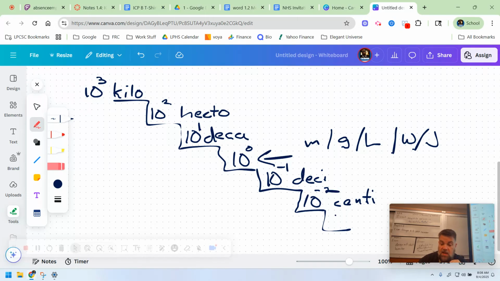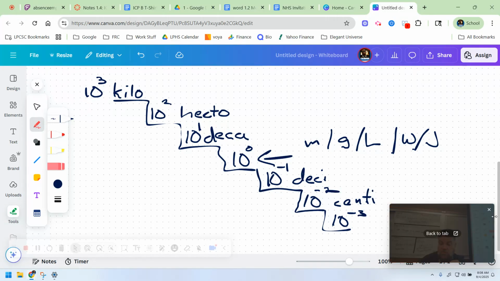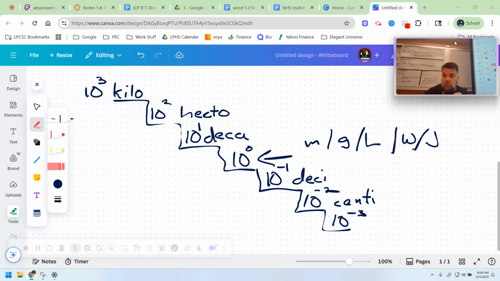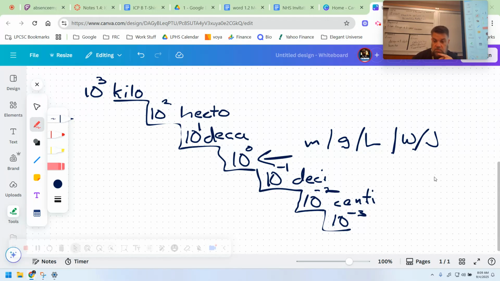And then we have 10 to the negative 3, and that's milli, which is 1/1000th. I like to keep all my exponents positive.